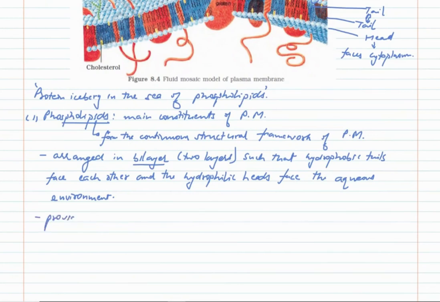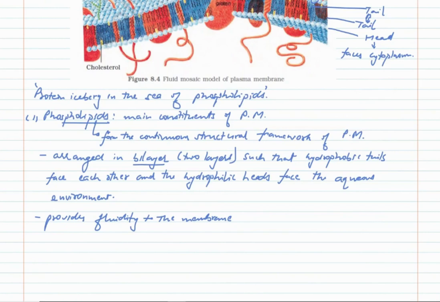Now after the phospholipids, the cell also contains proteins. This phospholipid layer provides fluidity to the membrane. So plasma membrane is not a rigid structure.